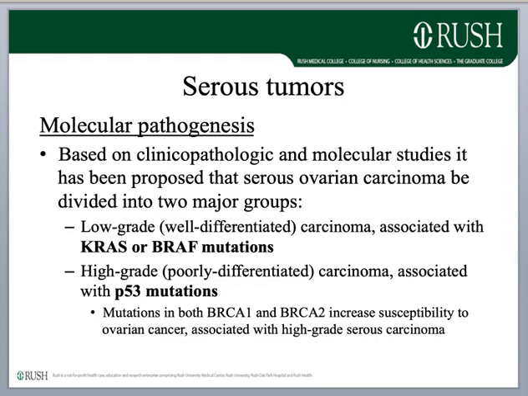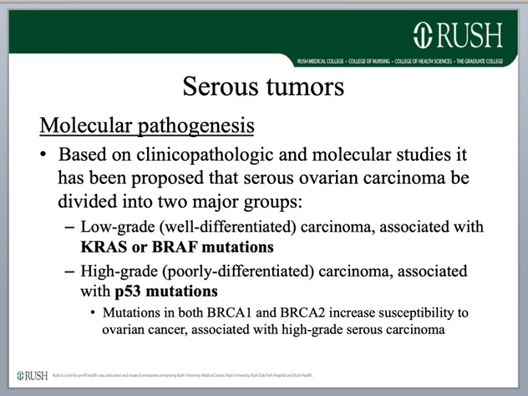Serous ovarian carcinoma is divided into 2 major groups: low-grade or well-differentiated serous carcinoma and high-grade, moderately to poorly differentiated carcinoma. While this distinction is made based on the degree of nuclear atypia and correlates with patient survival, there are also some distinct molecular differences that are associated with this division.